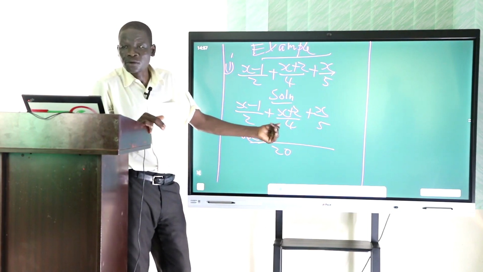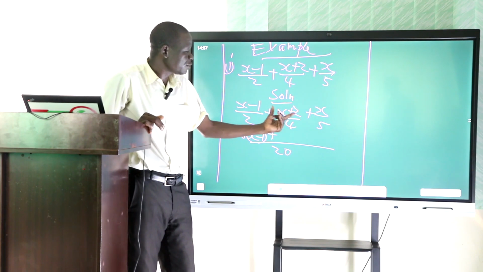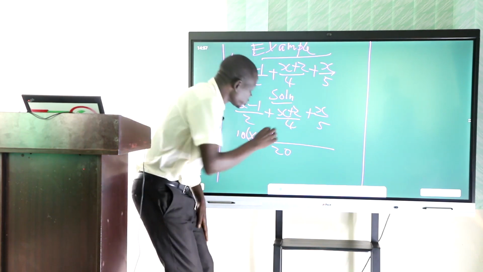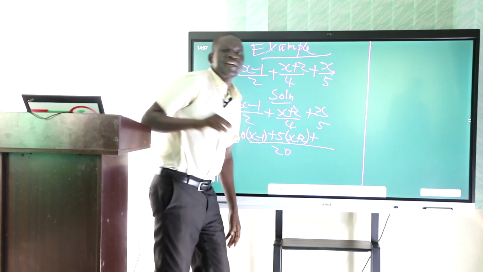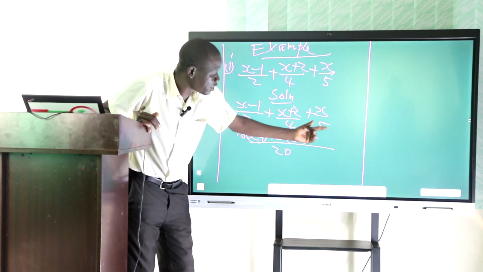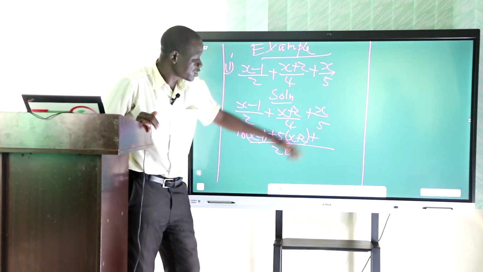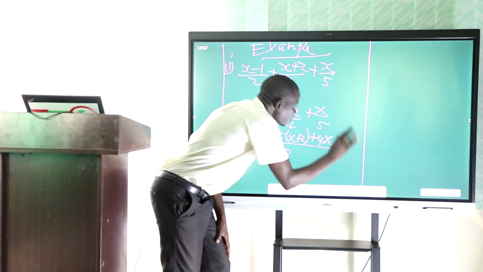Plus 20 divided by 4, you get 5, and 5 times the whole of this expression, we get 5 into (x plus 2). Then plus 20 divided by 5, we get 4, and 4 times x, you get 4x.